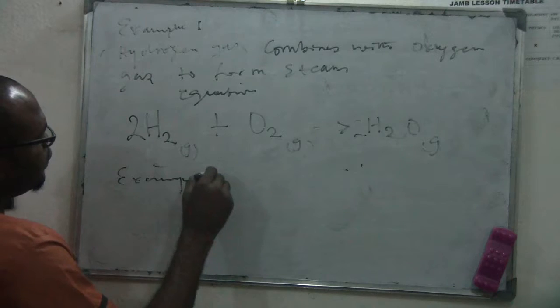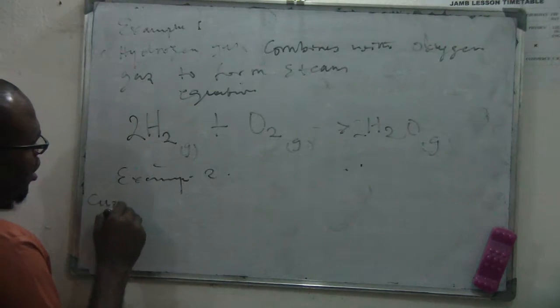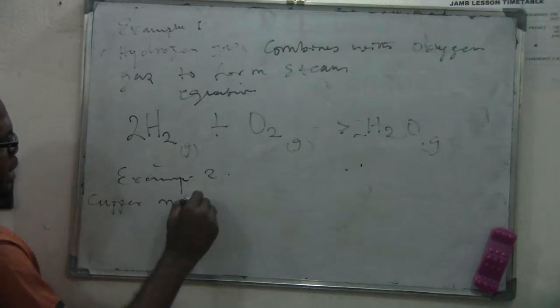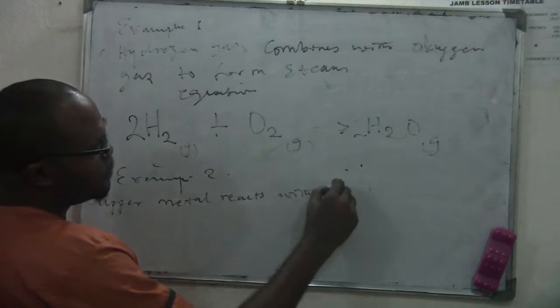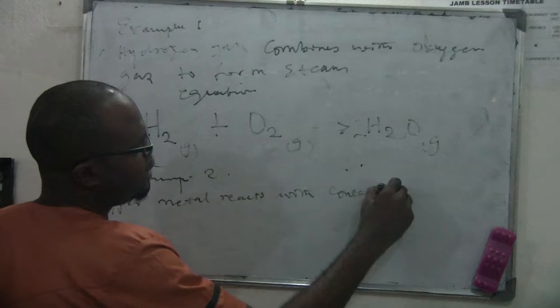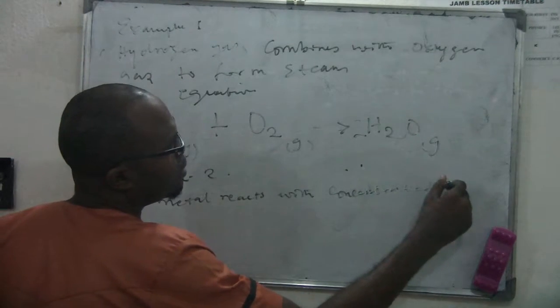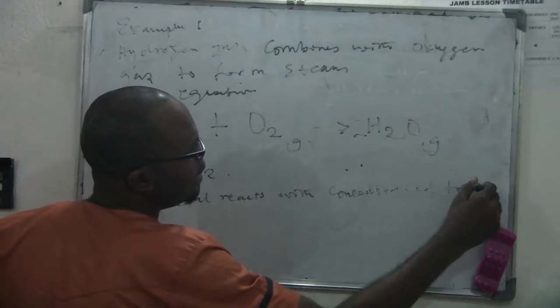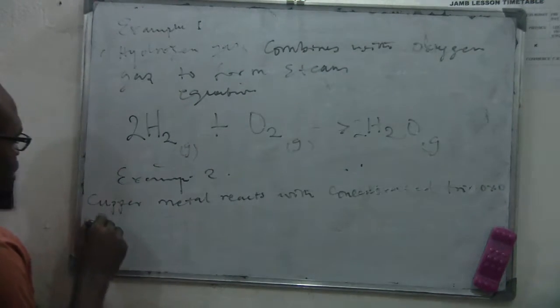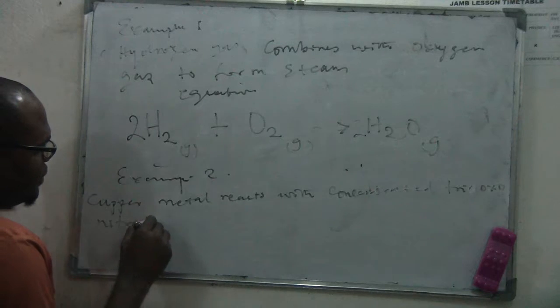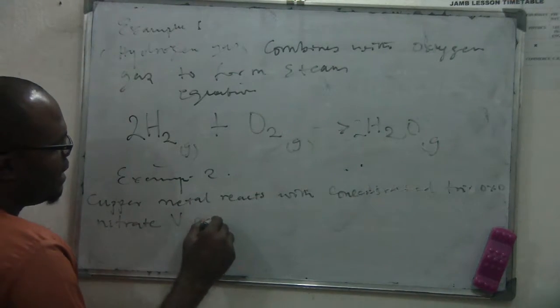Example 2: copper metal reacts with concentrated trioxonitrate(V) acid.